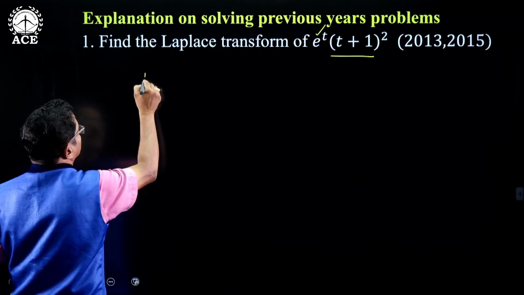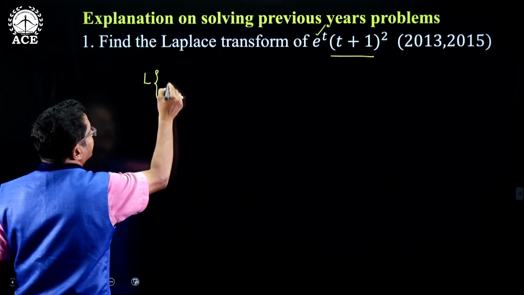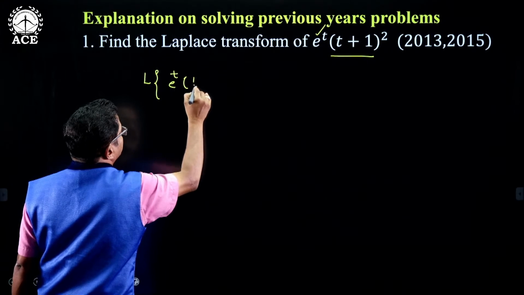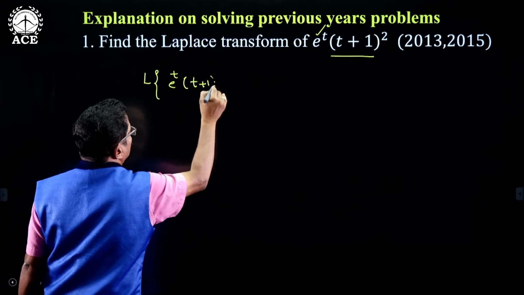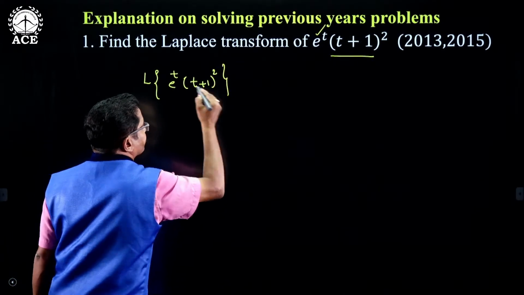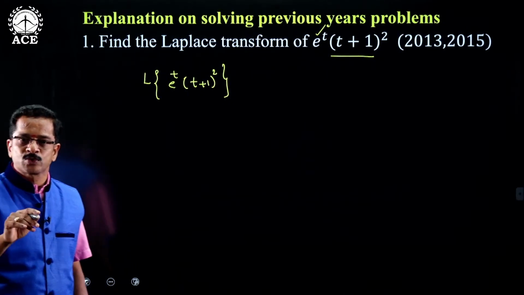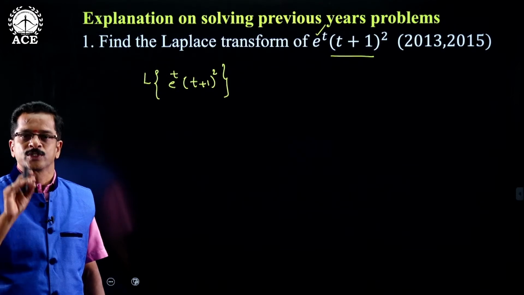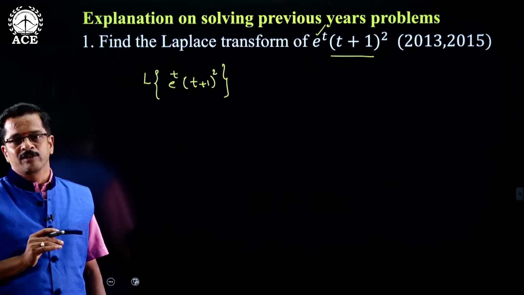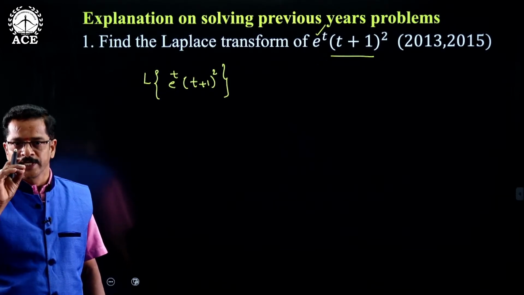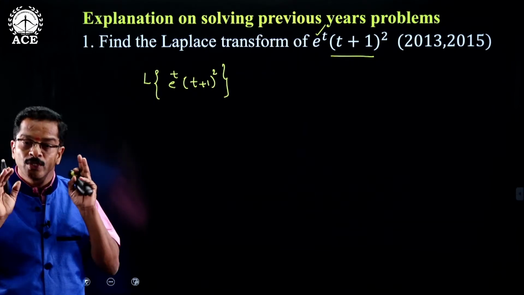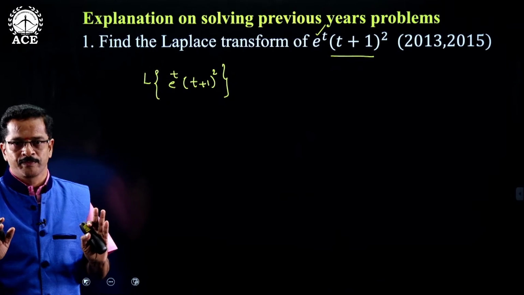So L of e power t into t plus 1 whole square. Here t plus 1 whole square is a higher degree term. It is not in standard form, not in elementary form. You try to reduce it into elementary form, then you can evaluate the Laplace transform.